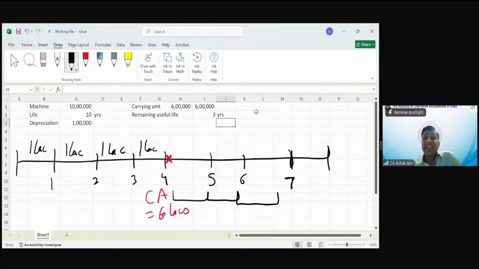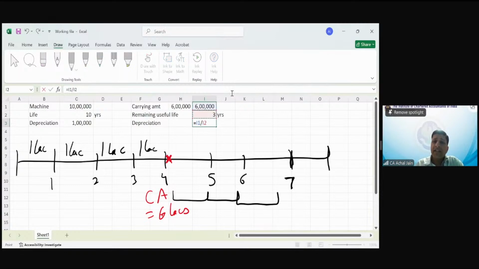Now, when the revised life is there, how will you compute the depreciation? Depreciation will be computed over the remaining useful life. So what is going to be the revised depreciation amount? 6 lakhs divided by 3.